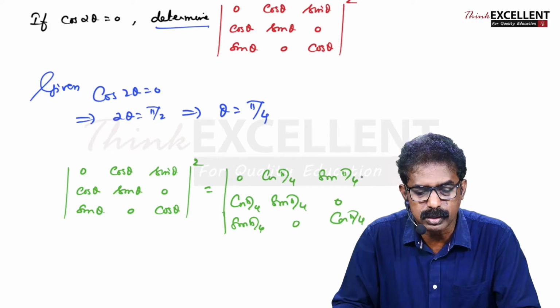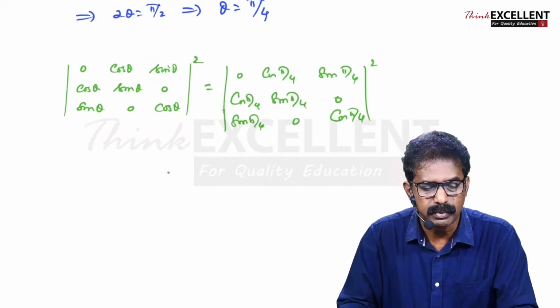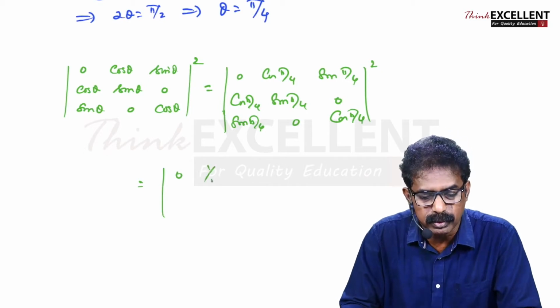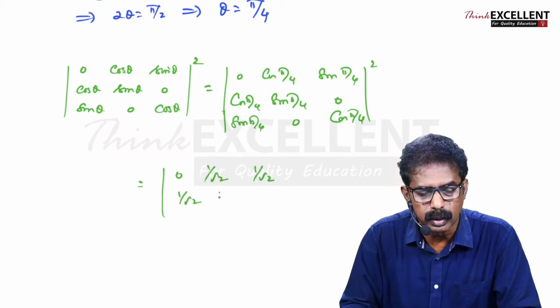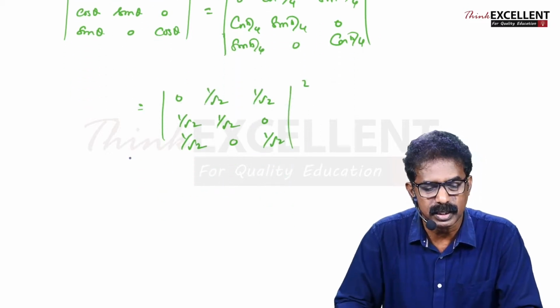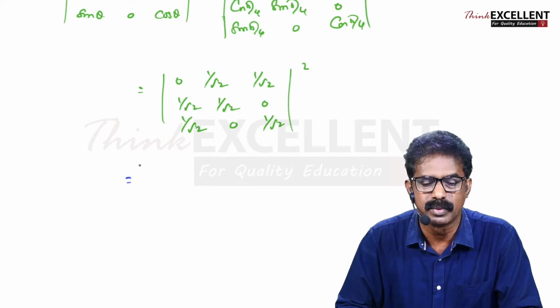The whole square is there, right? Now you substitute the values. 0, cos 45 is 1 by root 2, sin 45 also 1 by root 2. The whole square. If you want, you can take 1 by root 2 outside, or straight away simplify.